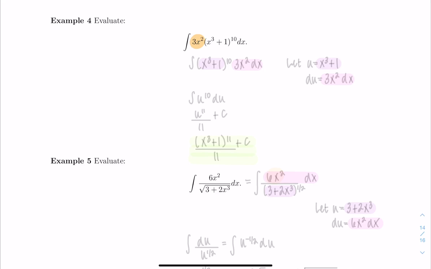So I'm going to rewrite this first: x cubed plus 1 raised to the 10th, and then 3x squared dx.